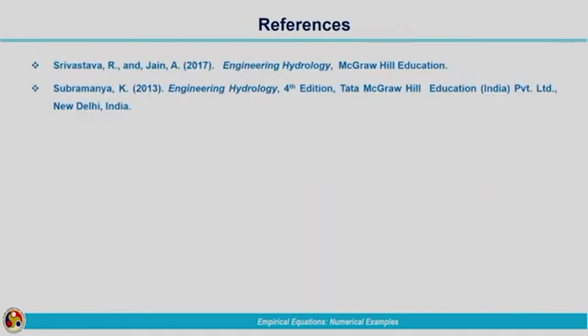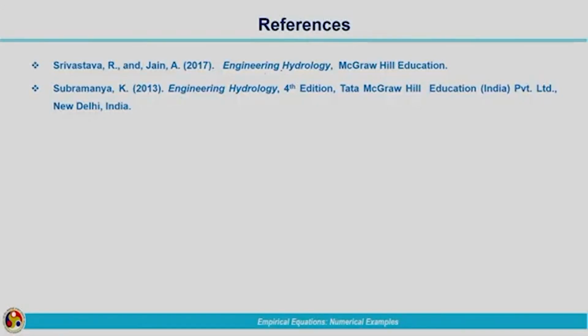So, we have done two numerical examples corresponding to Kostyakov equation and also Horton's equation. Now, we know how the cumulative infiltration curve will be looking like, and also the infiltration rate curve. Infiltration rate in the case of Kostyakov equation is given by a power relationship, and in the case of Horton's equation, it is represented by means of an exponential relationship.